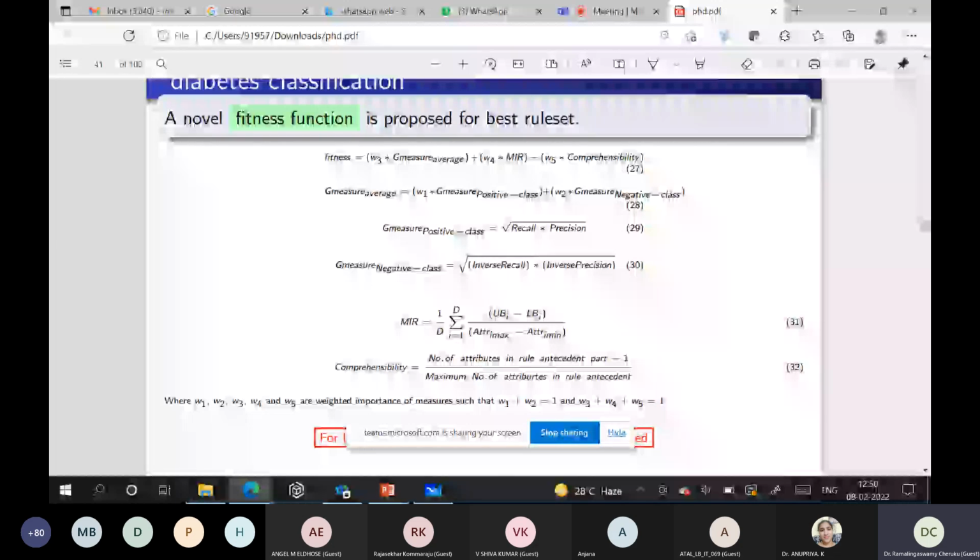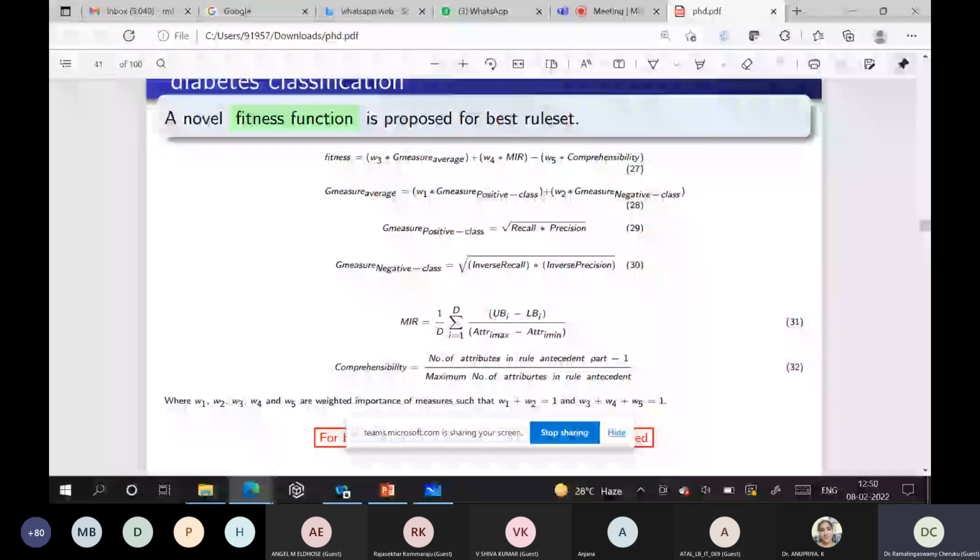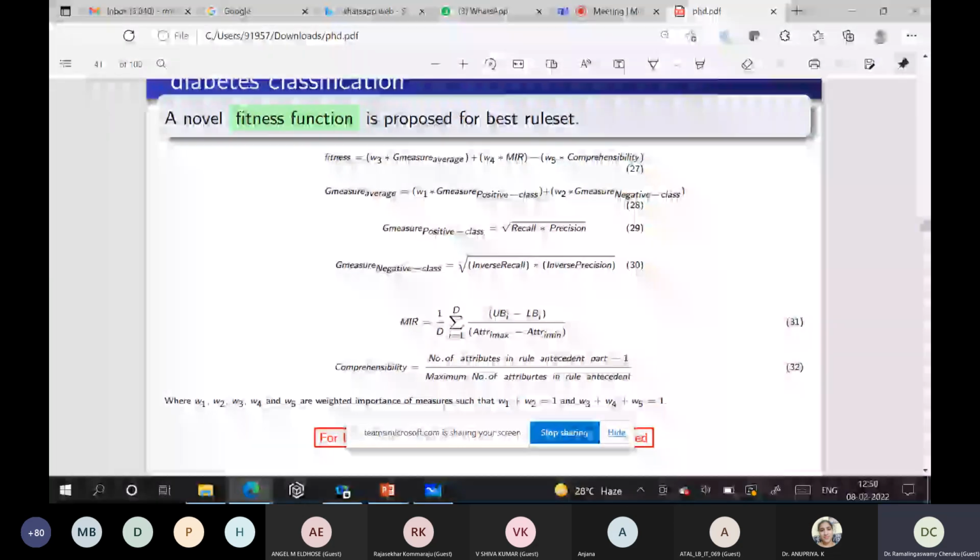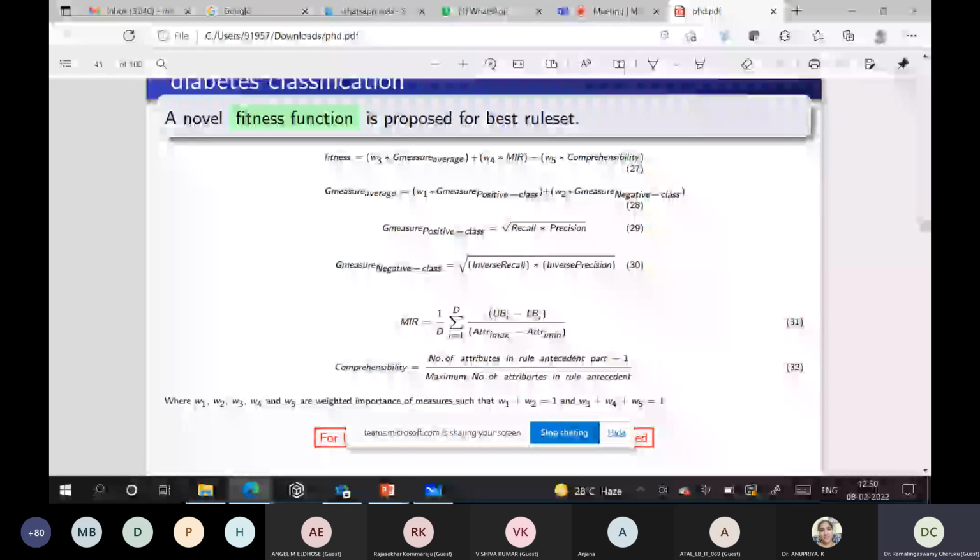These were generated by your spider as a part of your encoding process, and we look at how the lower and upper bounds converged after the termination of your algorithm. We compare them with respect to the maximum and minimum value of that attribute to identify the mean interval rate, to keep this interval as small as possible.